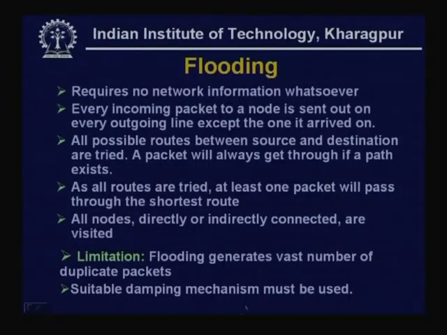So, suitable damping mechanisms must be used. So, if we use flooding, then the network will receive a large number of packets which may make it congested. We do not want that.